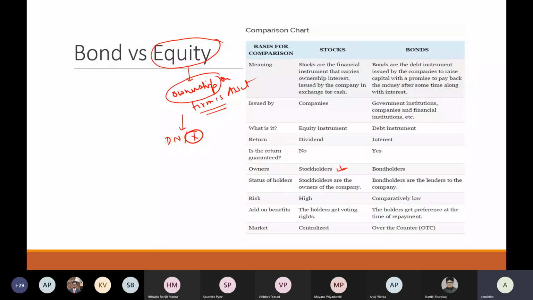So chances are you may or may not get dividend. If the company is paying dividend, you will get it as a return, a regular income from your investment. But there is no guarantee that you will get dividend every year. It depends upon the company's policy.